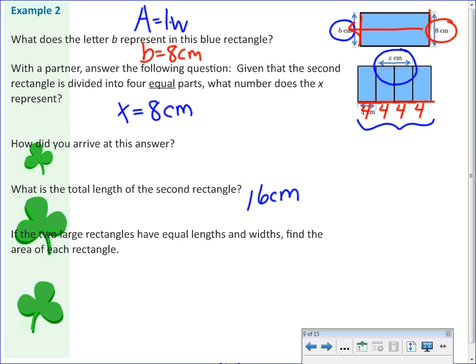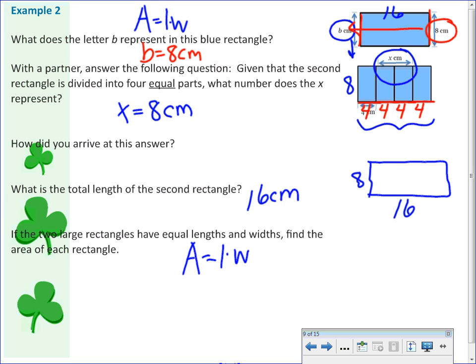So now if the two large rectangles have equal length and equal widths, find the area of each rectangle. So I know that if these were equal, if that's 8, that's 8, that's 16. So I'm just going to redraw it. So 8 and 16. So my area is length times width. I was able to figure out that my length was 16.